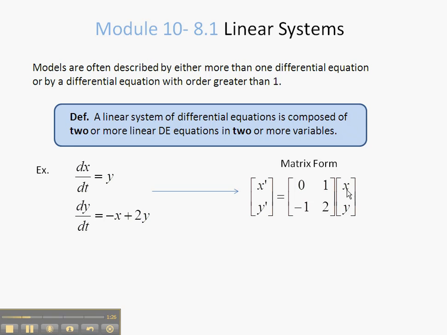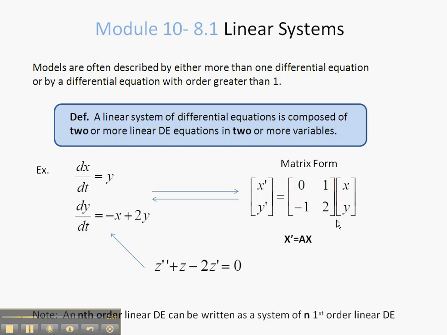And then I have the column vector of variables x and y. In the same way that we can write the system in matrix form, we could write a matrix form system into a regular system. So we could go back and forth in this way.